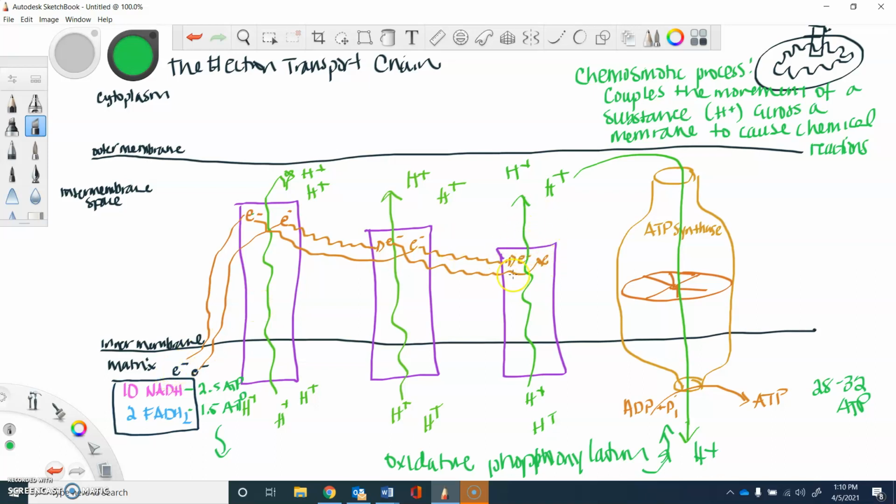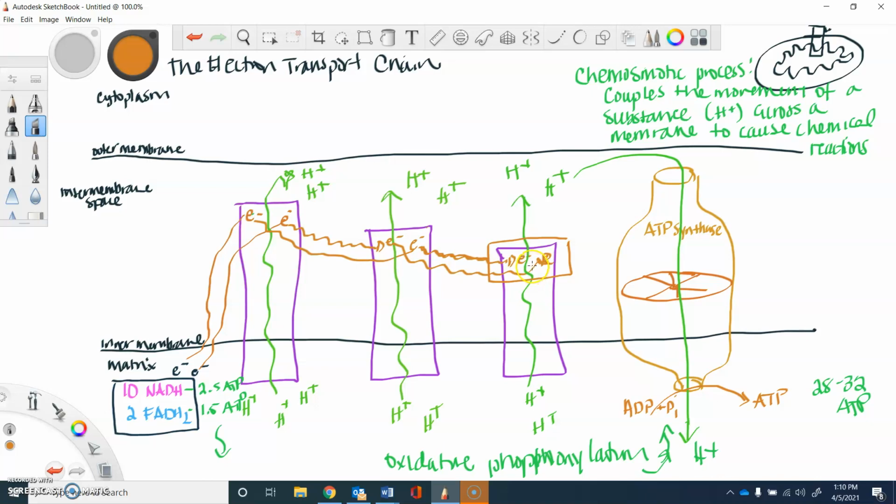Not really, because there's nowhere for these electrons to go. They're kind of stuck here. And if they don't get off this protein so that this electron can come down and this one can come down, there's like a log jam. It just stops.